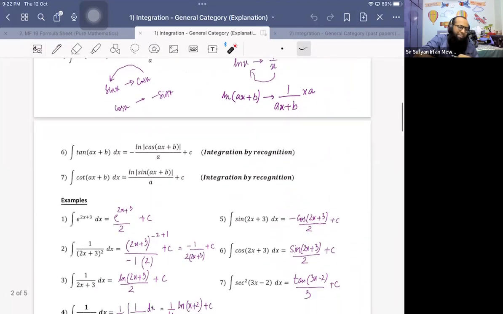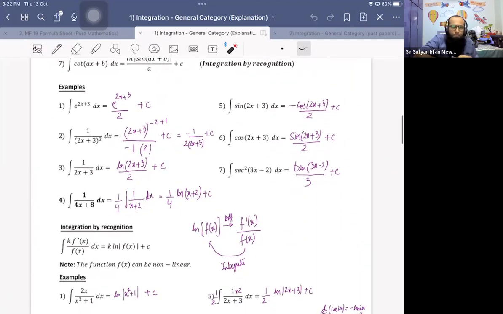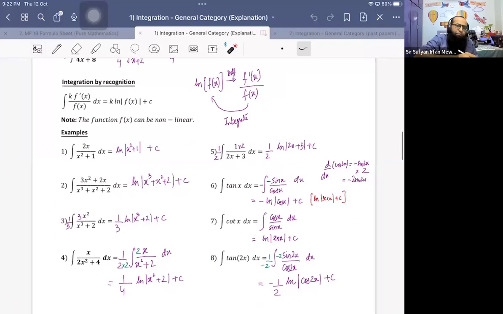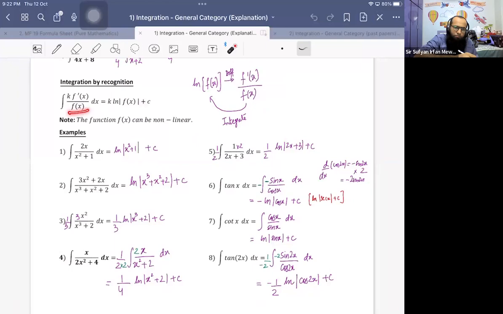Then we covered integration by recognition, in which we learned that if there is a function in the denominator and the differentiation of it is present in the numerator, then we just have to take ln of the denominator, and that will be our final answer of the integration.